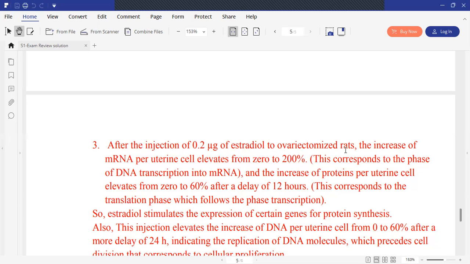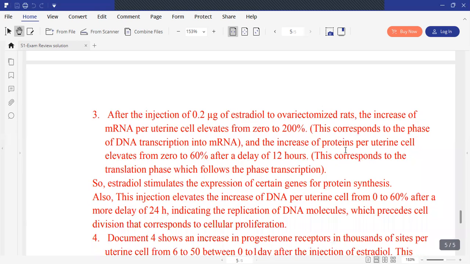This could correspond to the translation of the mRNA that follows the transcription. So estradiol stimulates the expression of certain genes for the synthesis of proteins. The injection also elevates the DNA per uterine cell from 0 to 60 after a longer delay of 24 hours, indicating the replication of DNA, which precedes cell division corresponding to cellular proliferation.